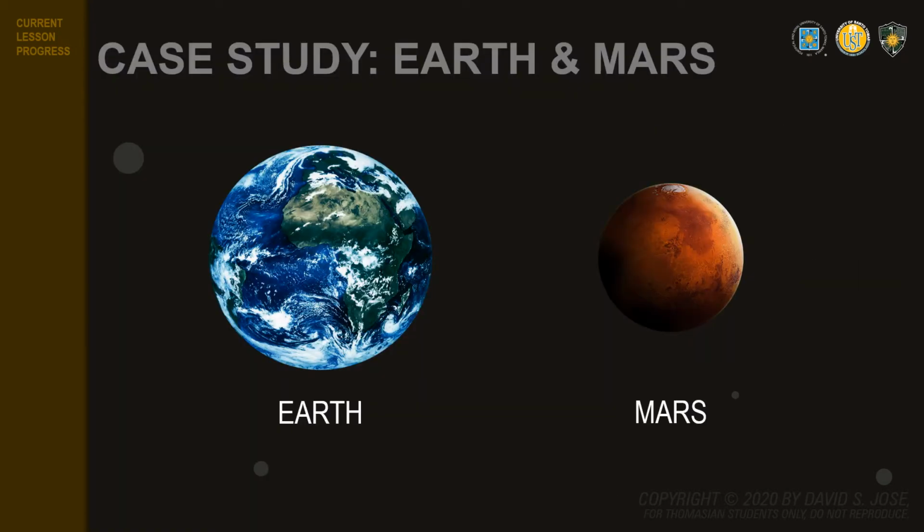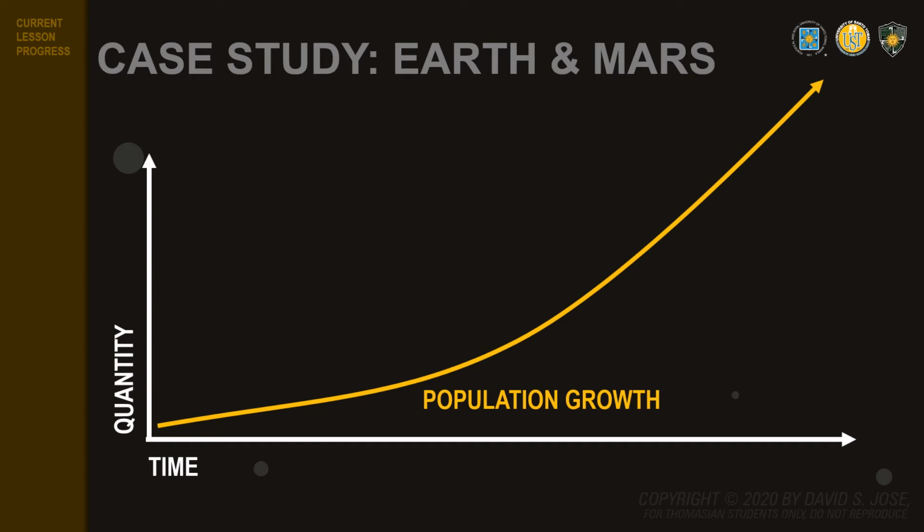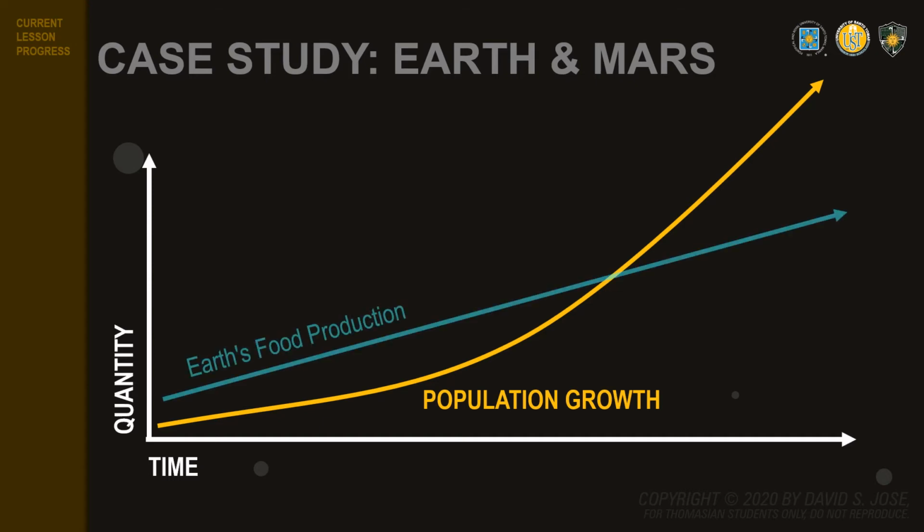To best understand Professor Konstantin Tsiolkovsky's statement, let's study the case of the Earth and Mars mission. If you remember our discussion, Earth has a growing population, and Earth's food production is also growing, but there is a point where food production goes beyond the population growth. We call that the Malthusian point.